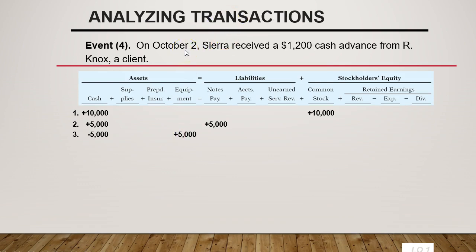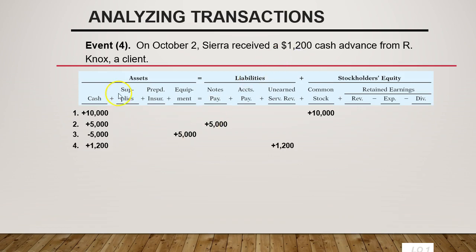Next transaction, we receive a cash advance from a client in the amount of $1,200. So this is saying that a client paid us in advance before we provided them with an actual service. The amount received totaled $1,200.